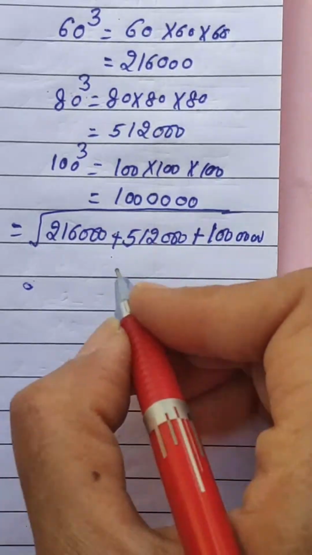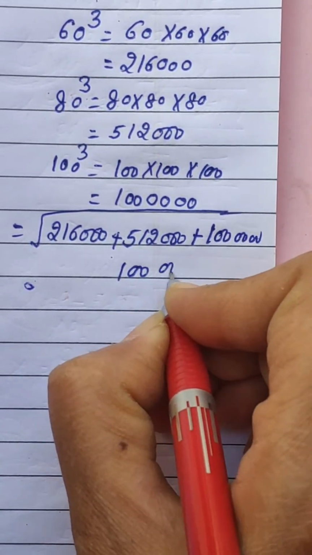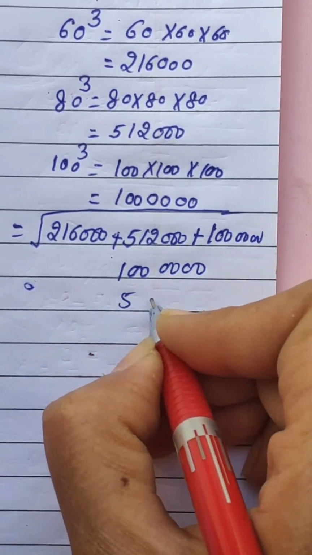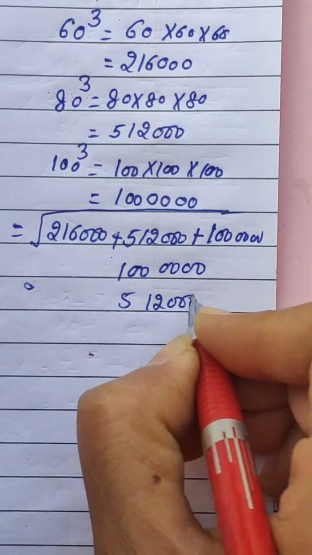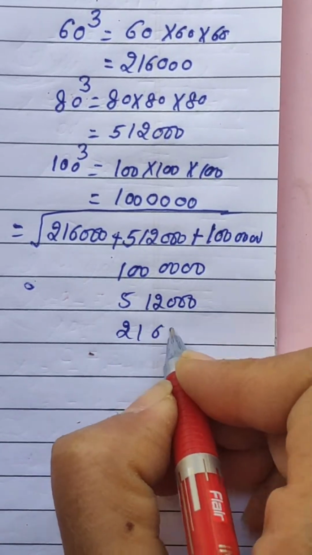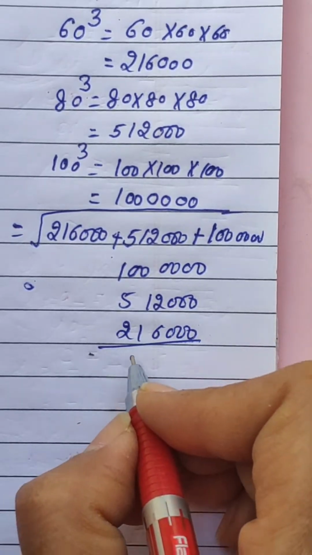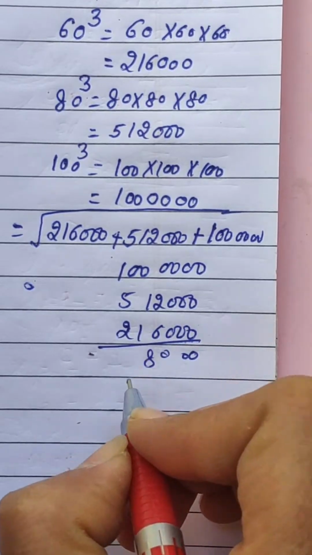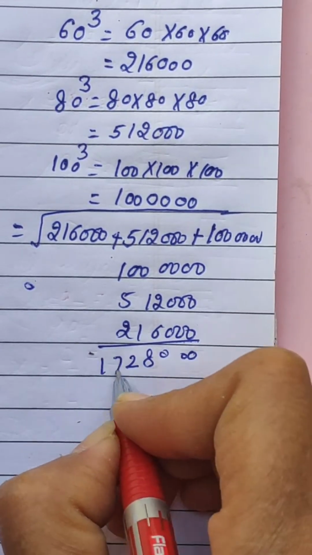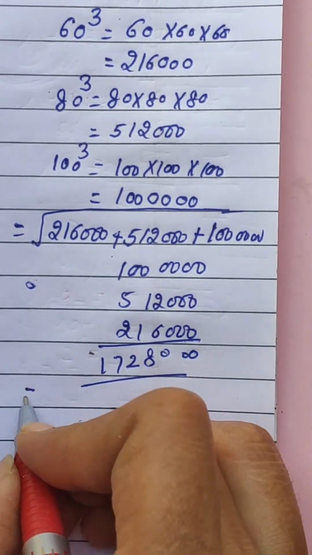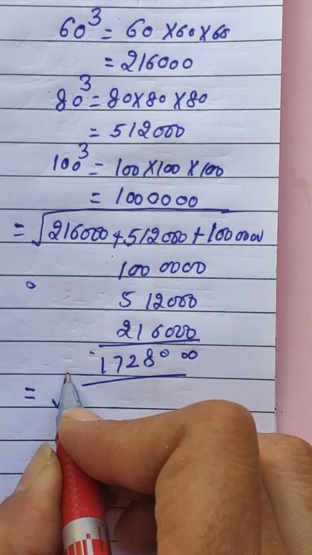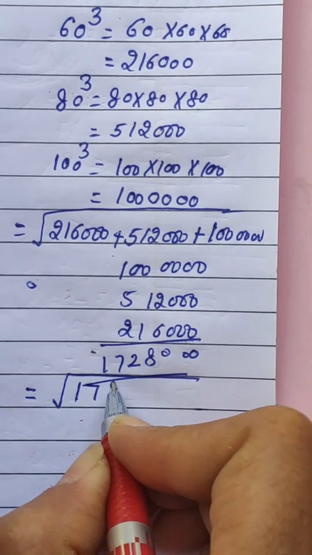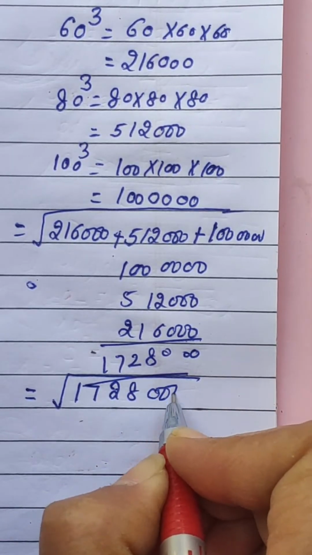So if I add these things, we get 1,728,000.